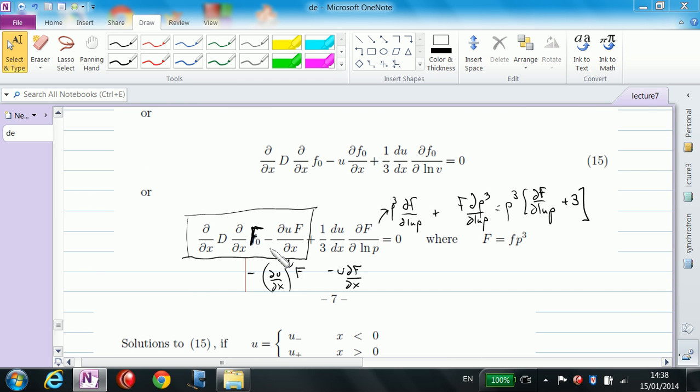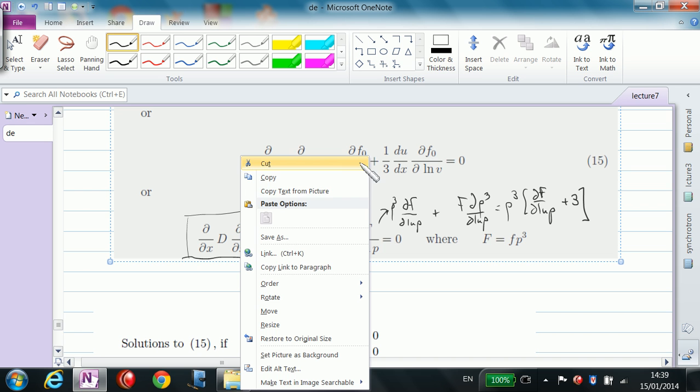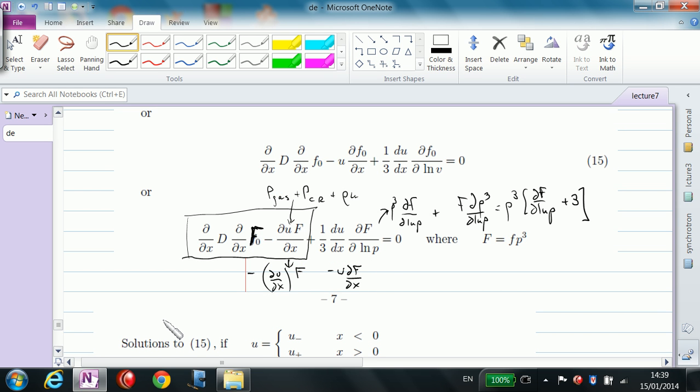It's to solve this equation, but with u selected so that the momentum flow is dictated by P gas plus P cosmic ray plus rho u squared, equal to rho u minus squared.